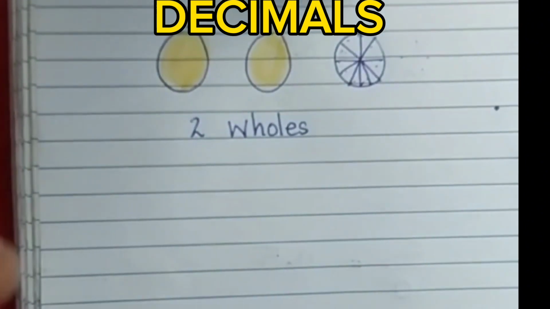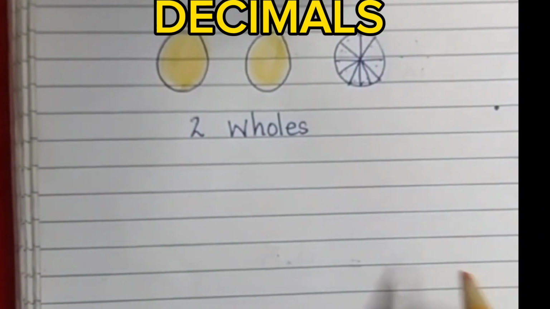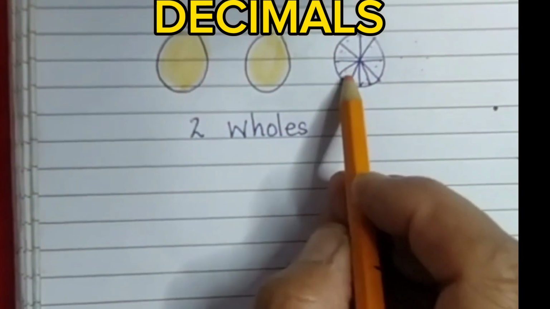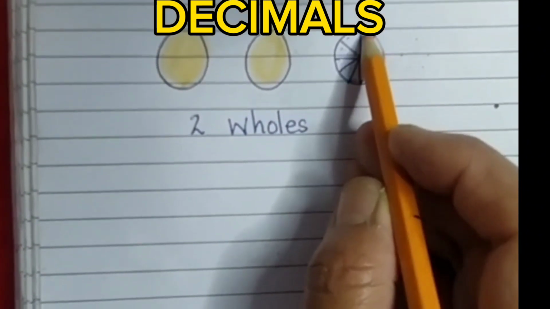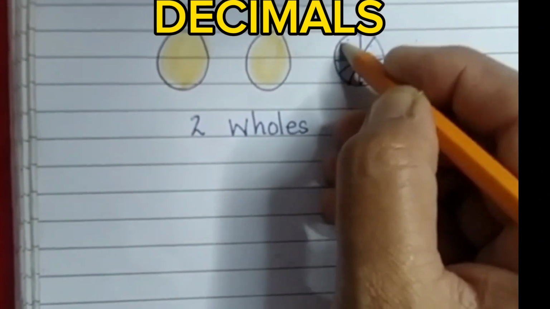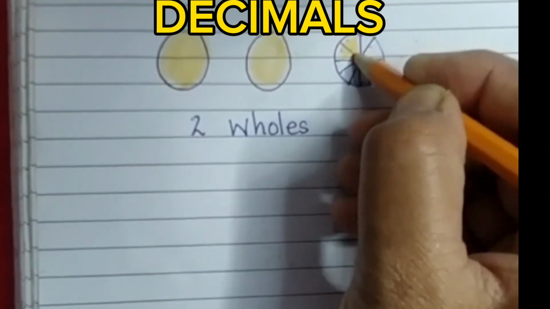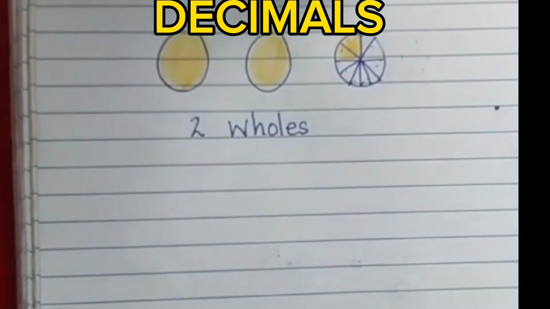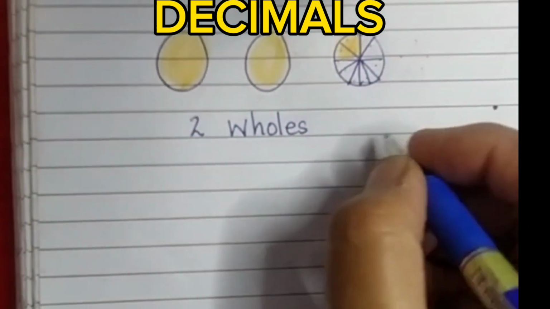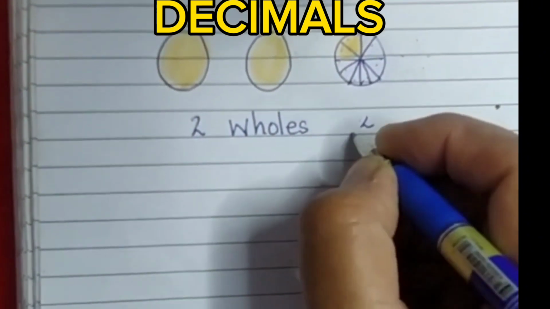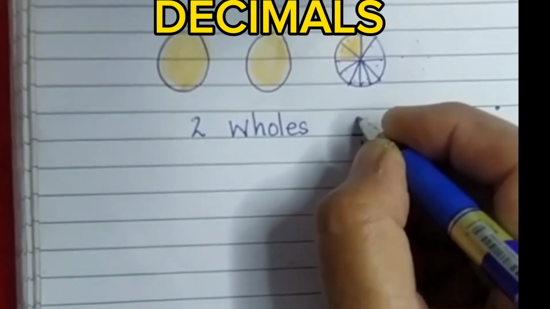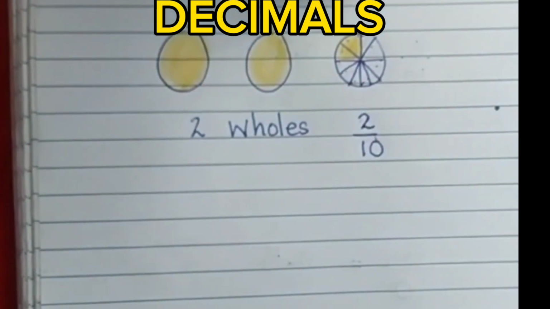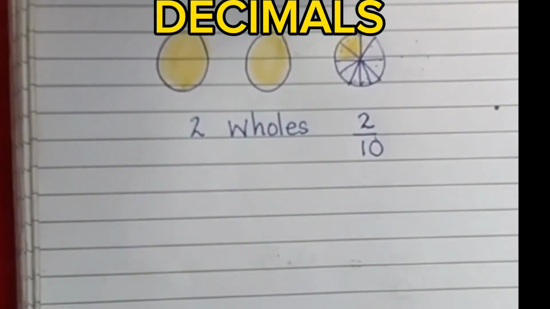But if I shade, how many parts did I make? 1 2 3 4 5 6 7 8 9 10. So if I shade only 2 parts, how will I write this as a fraction? 2 upon 10. And let us now convert this to a decimal.